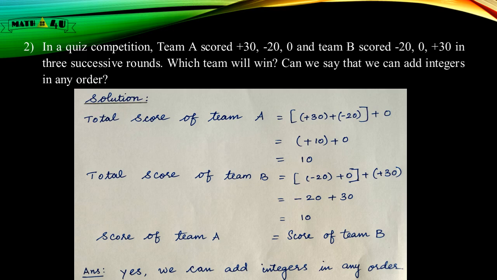Here the total score of Team A will be equal to 30 plus -20 plus 0, which will be equal to 10. Similarly, total score of Team B will be equal to -20 plus 0 plus 30. Again the answer is equal to 10. Here score of Team A is equal to score of Team B. Yes, we can add integers in any order.